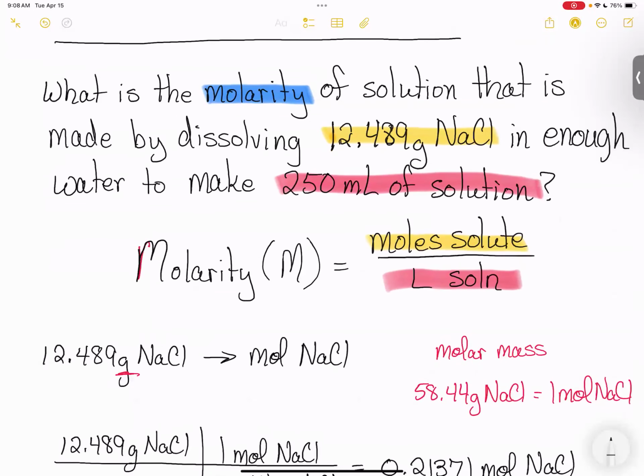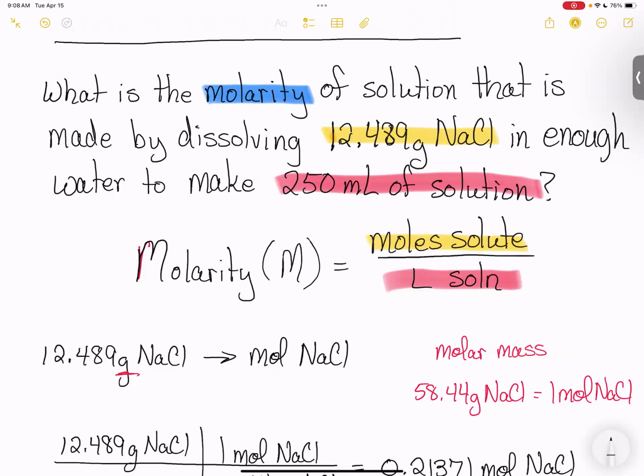Folks, I was asked, what is the molarity? Anytime you're asked, what is the molarity, this is your formula. That's what molarity means. So in order to answer the question, I needed moles of solute and I needed liters of solution. So I looked back at the problem and I identified who was my moles of solute and who was my liters of solution.